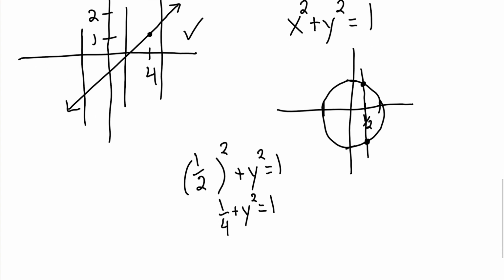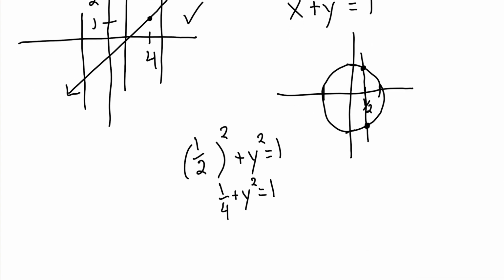And then we'll subtract 1/4 from both sides. We'll get into the nuances of equations later on. So I'm just doing this quickly just to demonstrate here. So we get that this is 3/4.